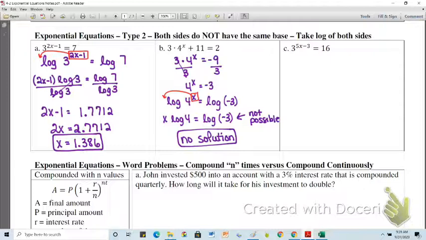Okay, on to C. Again, my exponential is isolated, so I'm going to take the log of both sides. I'm going to move my exponent out front. I'm going to divide both sides by log of 3.